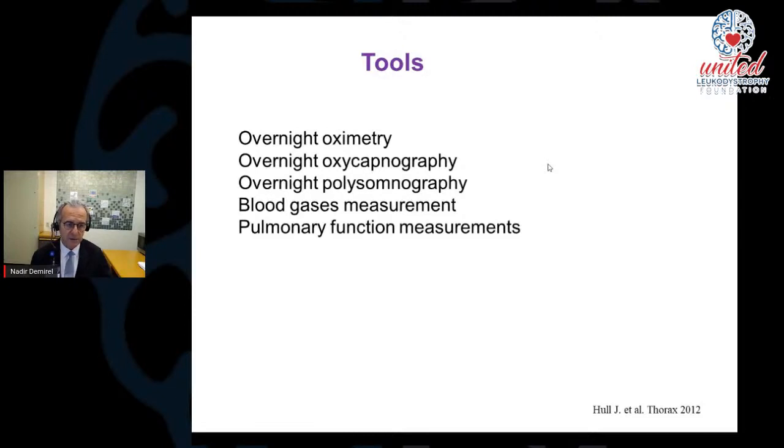But think about this. There are some individuals whose oxygen doesn't go down to a certain level, it stays up, but there are periods during sleep that it goes down very significantly. This may be even more harmful than having a little bit low oxygen level on average.